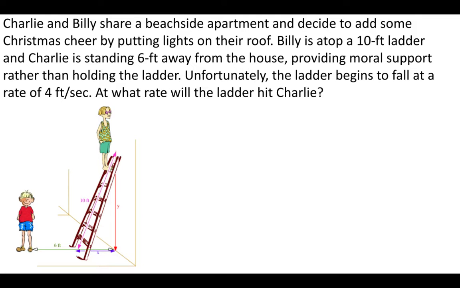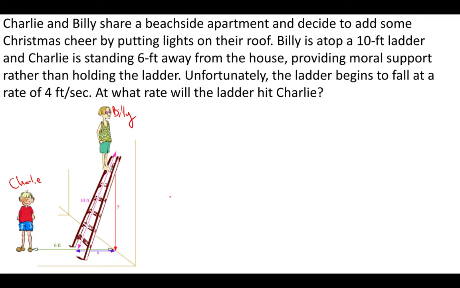We've got Charlie and Billy. They share a beachside apartment together, and they decide to add some Christmas cheer by putting lights on their roof. Billy is atop a 10-foot ladder, and Charlie is standing 6 feet away. So up here is Billy, and down here is Charlie. Charlie is standing 6 feet away. He's providing moral support, but unfortunately he is not holding the ladder as he probably should be.